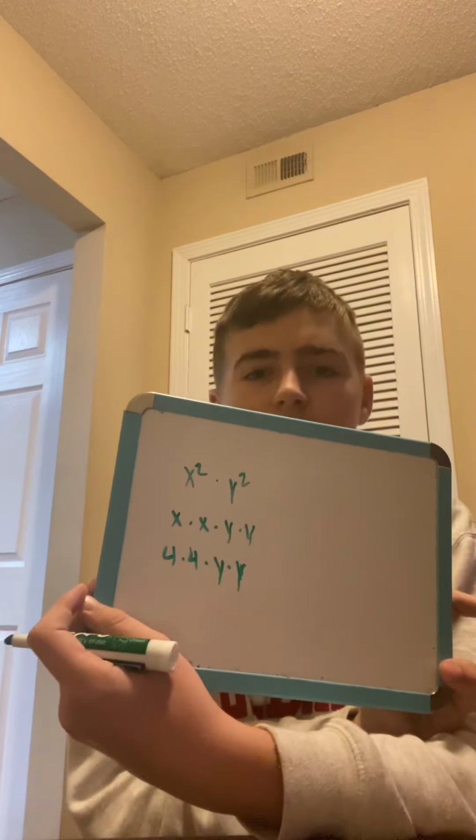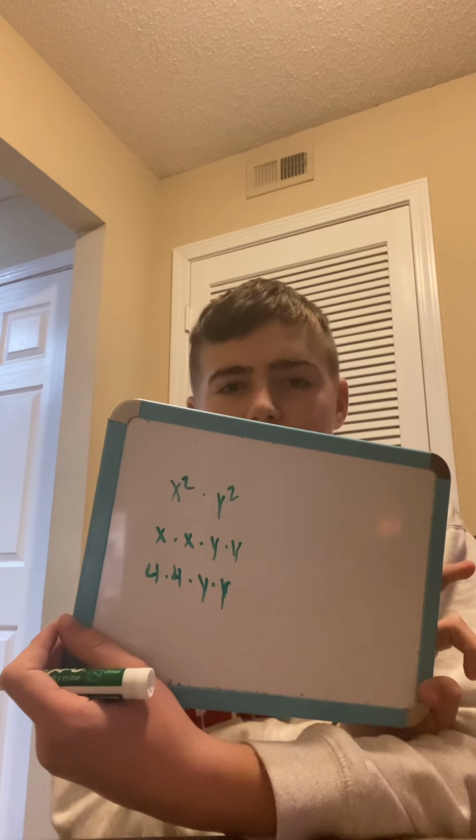Let's say that x equals 4. Then it will be 4 times 4 times y times y. And what is 4 times 4? 16. So then we'll have 16 times y times y.